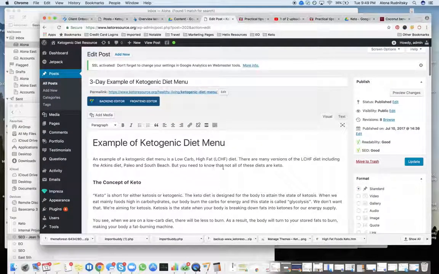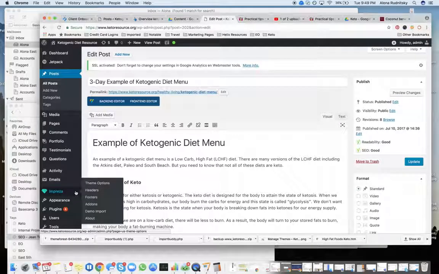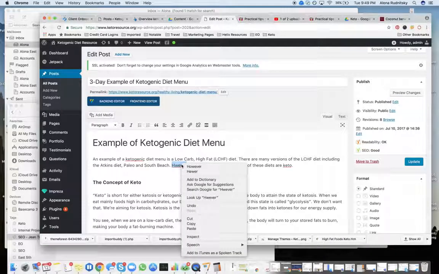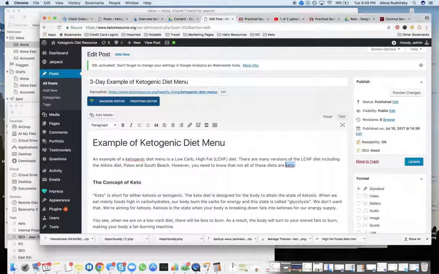An example of a keto. There are many versions of the low-carb diet, including Atkins, Paleo, and others, but you need to know that not all of these diets are keto. However, you need to know not all these diets are the same or considered keto.